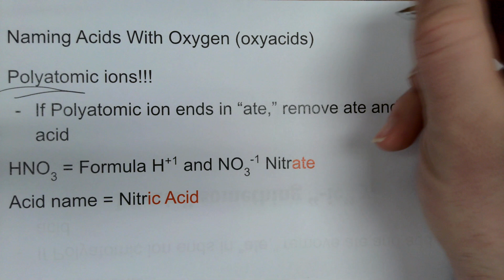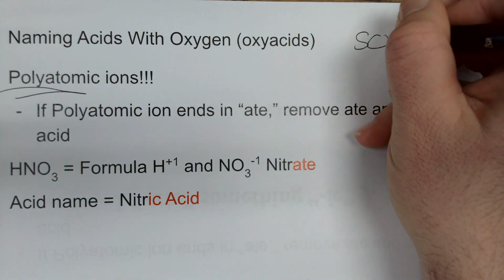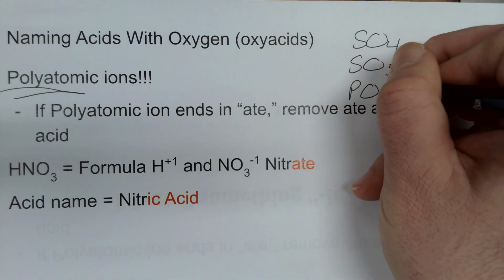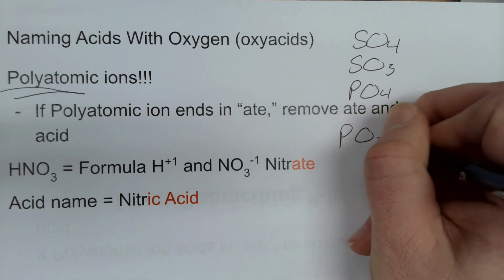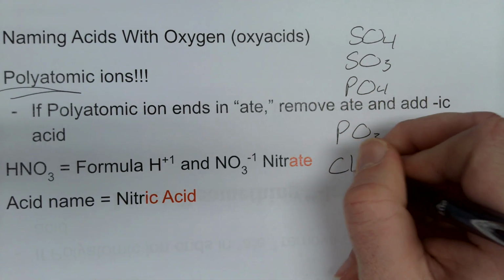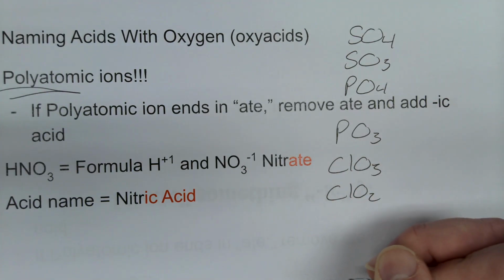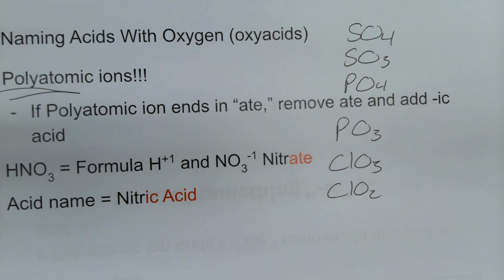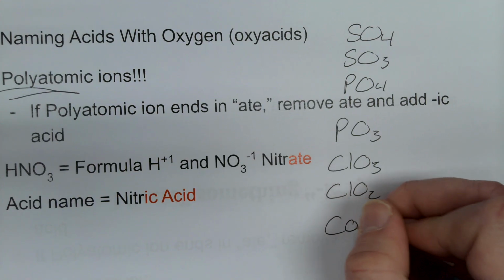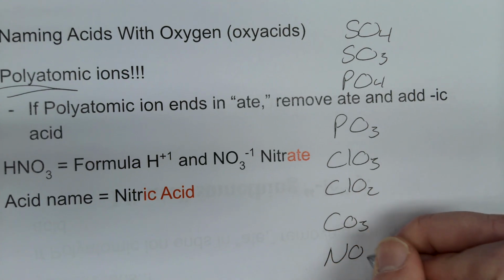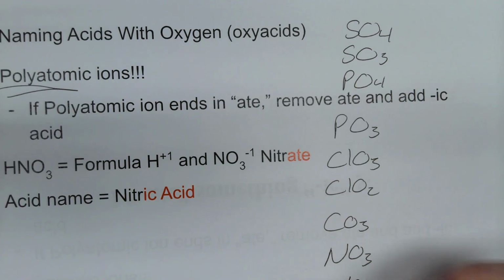That means my polyatomic ions, my sulfates, my sulfites, my phosphates, my phosphites, my chlorates, my chlorites. Trying to think of the other ones. My carbonates, my nitrates, my nitrites.